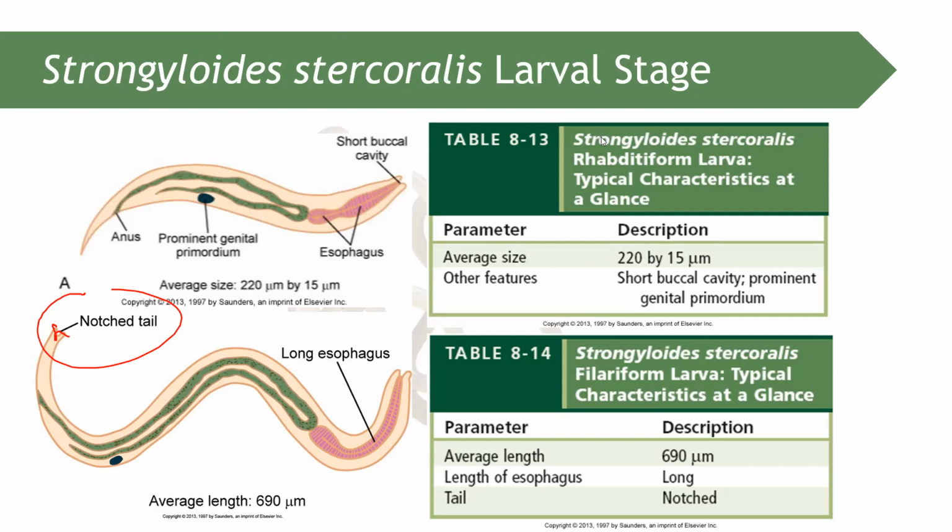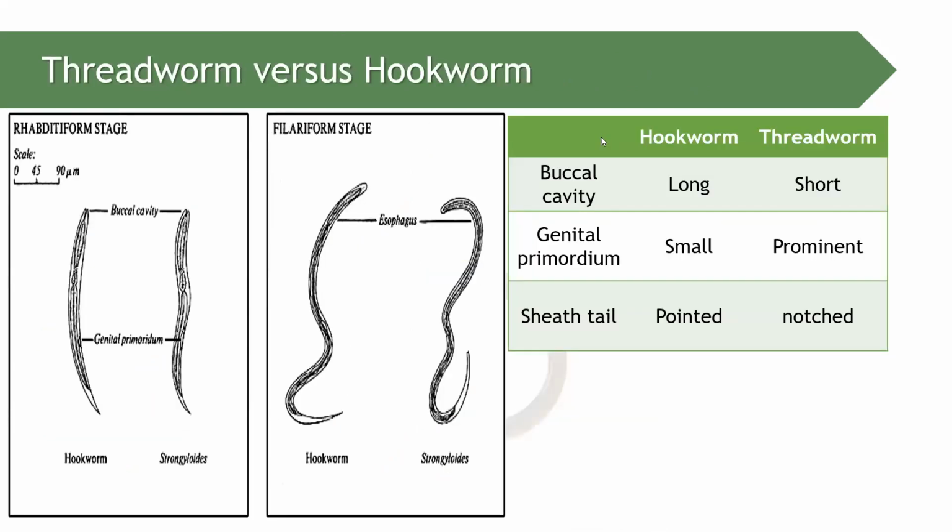Now, how about the difference between hookworm and threadworm larval stage? That is important. It is important to differentiate threadworm and hookworm. Who is the threadworm? Threadworm is the Strongyloides. Hookworm is, well, hookworm.